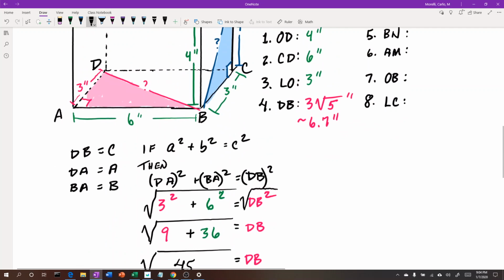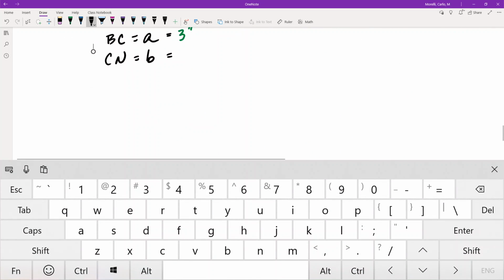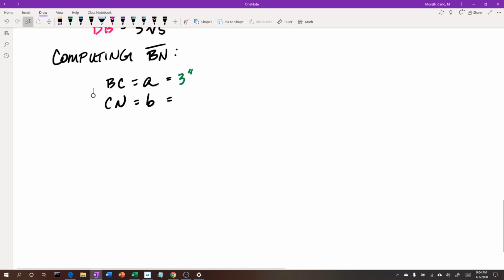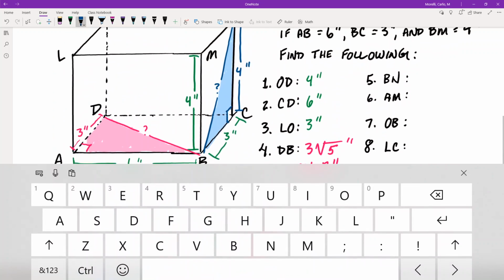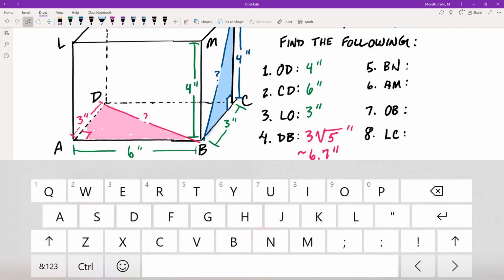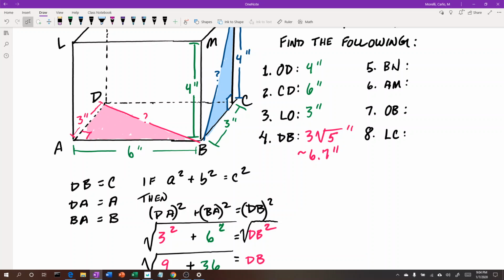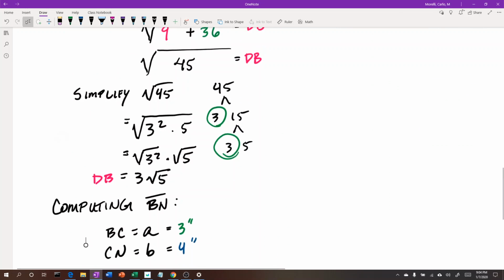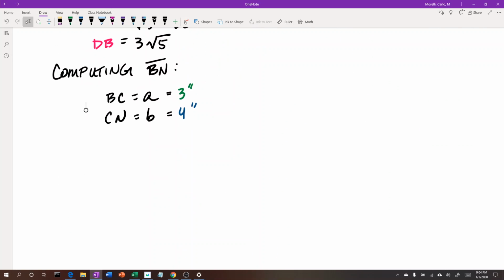Okay. And that's equal to 4 inches. So the C value is BN. Okay, so BN is the C value. All right, we don't know that. That is one that we really want to know.